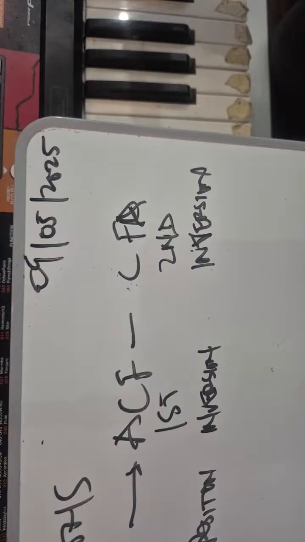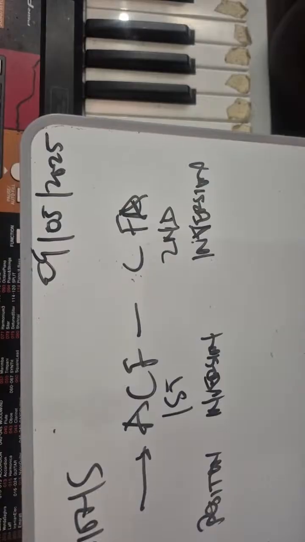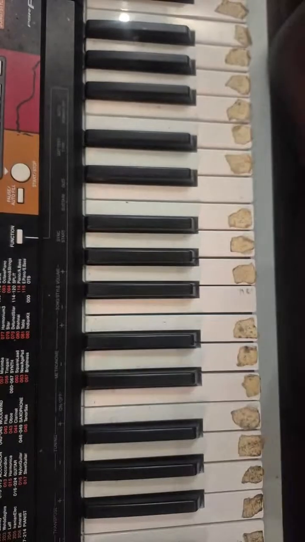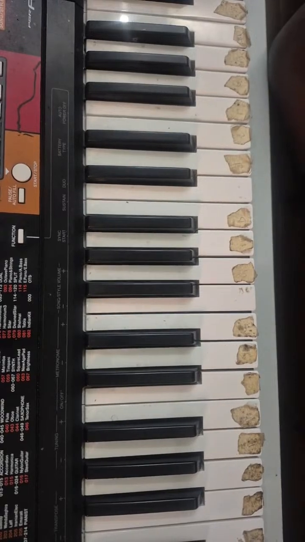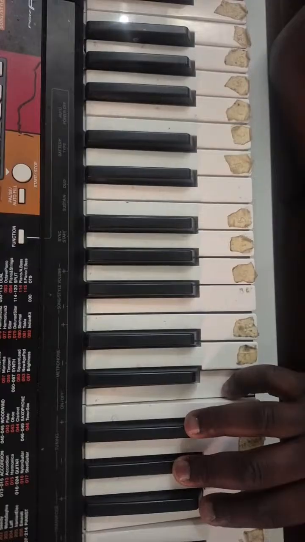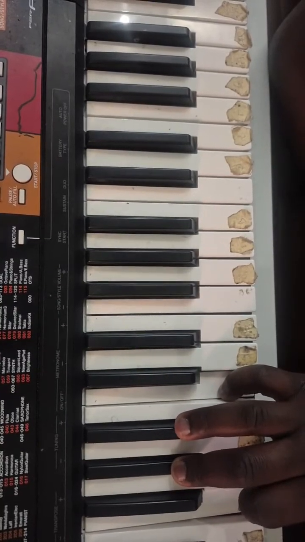First inversion, second inversion. So this is all we need to do to keep changing how we sound, and not just for the major, you can do it for the minor as well. So if we play that, that's our F minor, right?